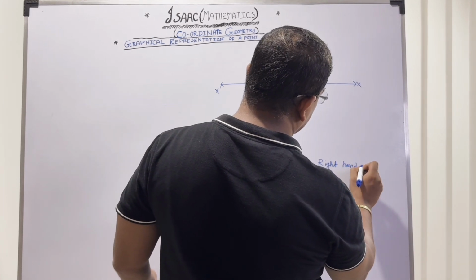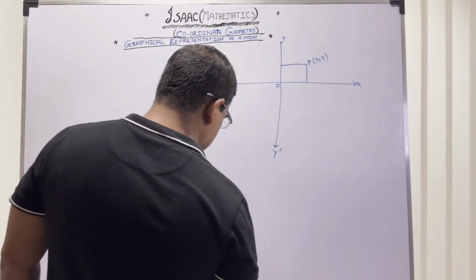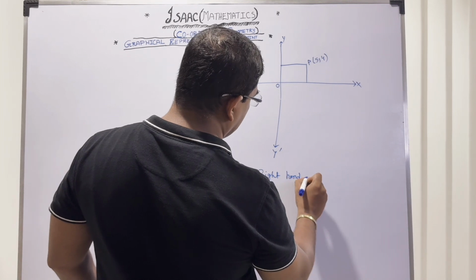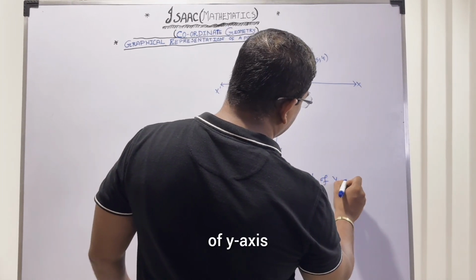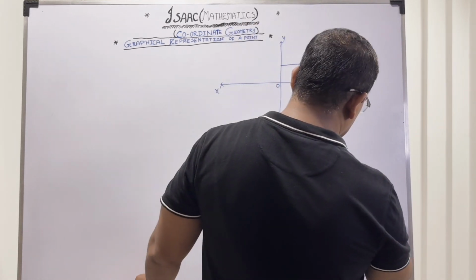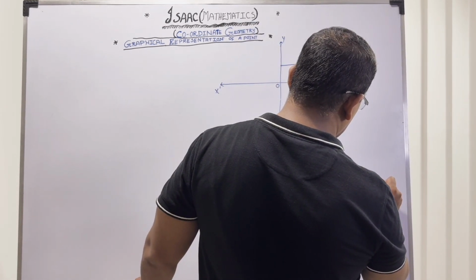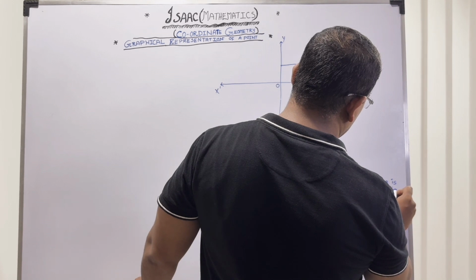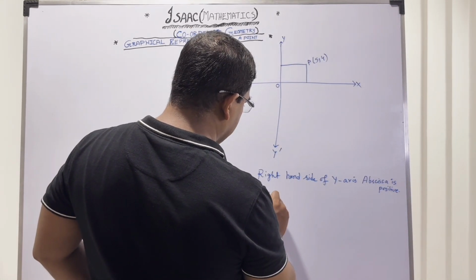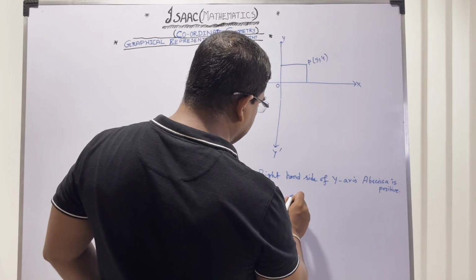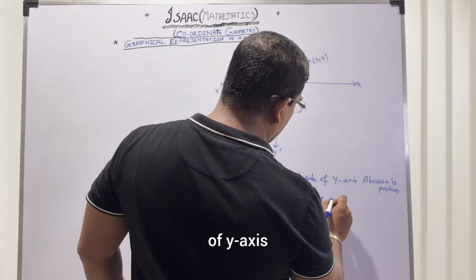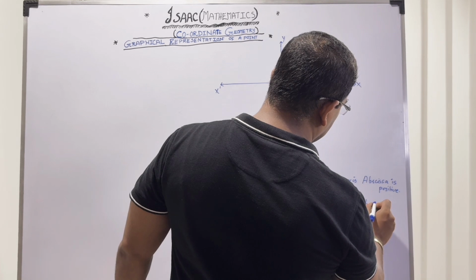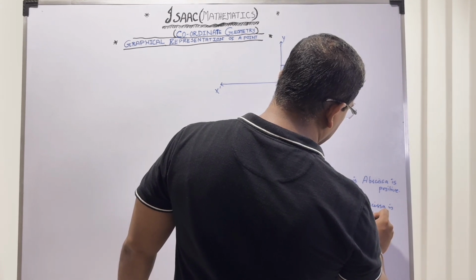Right hand side of y-axis, abscissa is positive. Left hand side of y-axis, abscissa is negative.